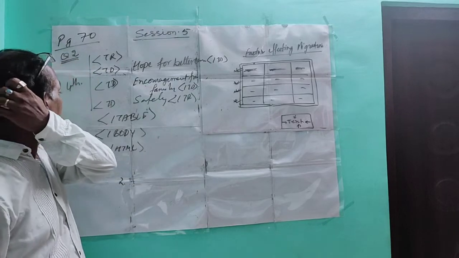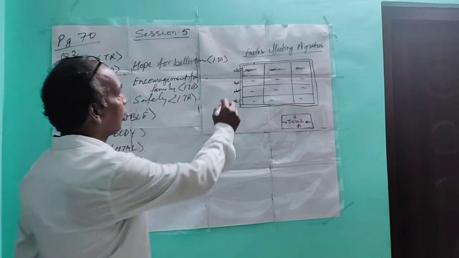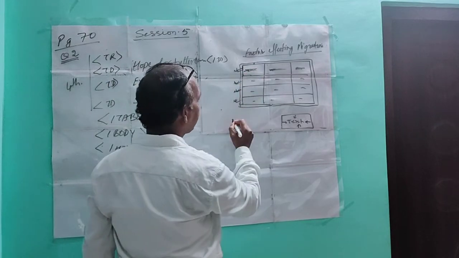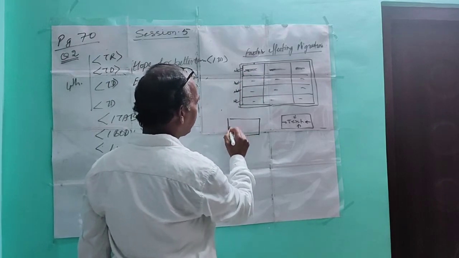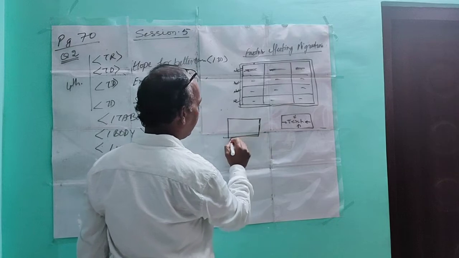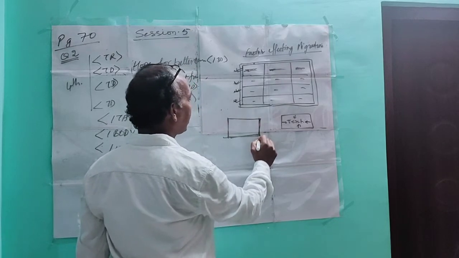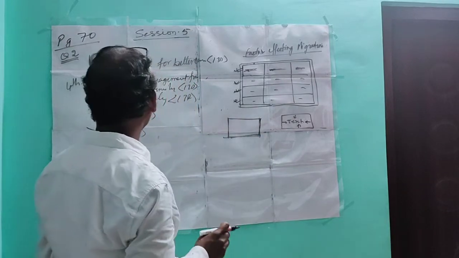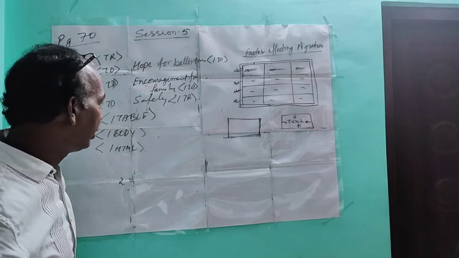If you want to change the color of a particular cell, this is one cell, you want to change the background of the cell, then you have to use one attribute with the TD.